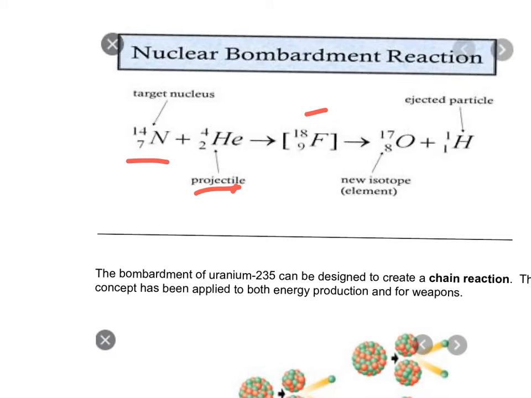But that particular isotope has an unstable ratio of neutrons to protons, and so it undergoes decay. And it ejects what would be a single proton, creating an oxygen atom.